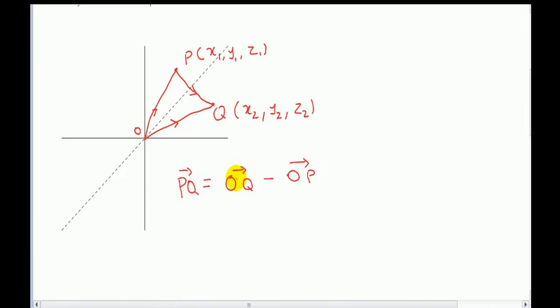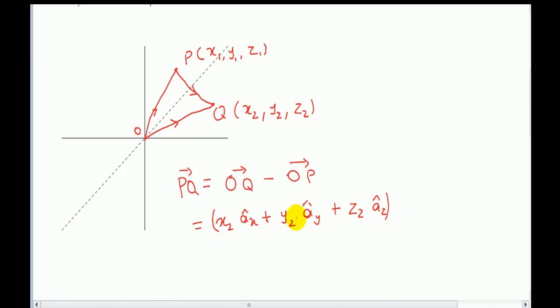It is OQ vector minus OP vector. So OQ vector can be simply written as x2 ax cap plus y2 ay cap plus z2 az cap.